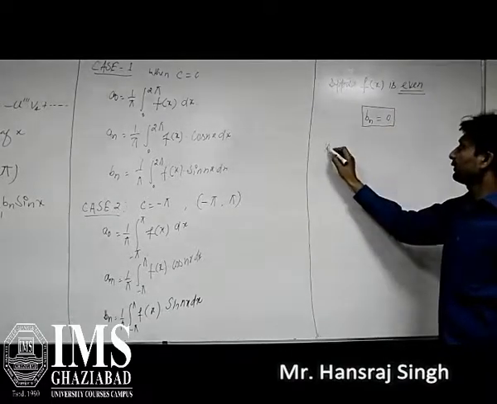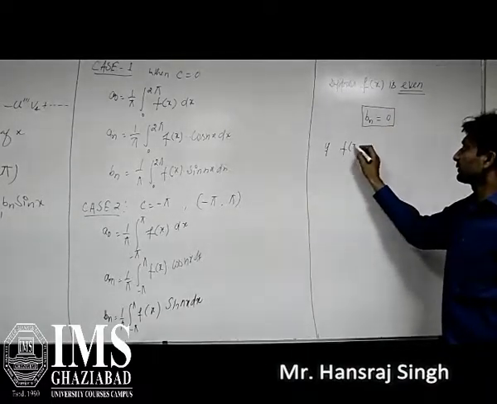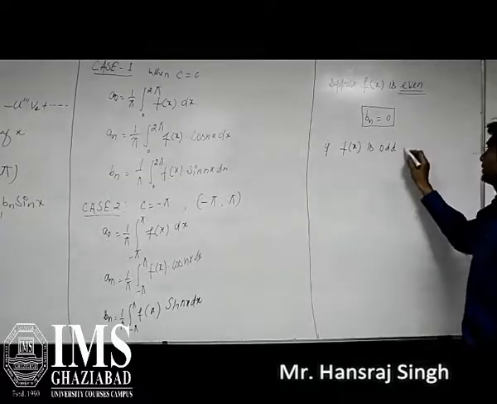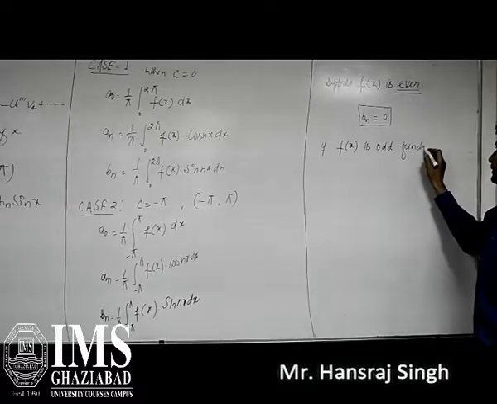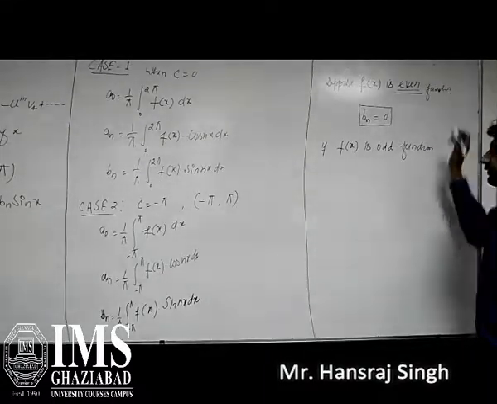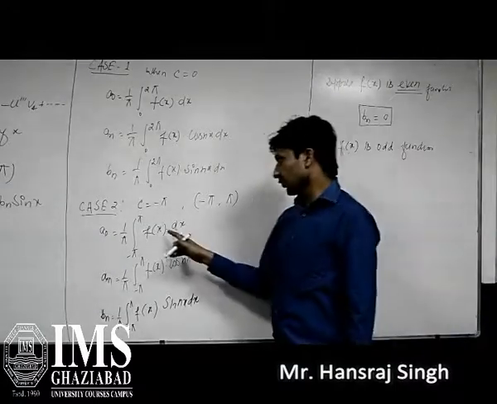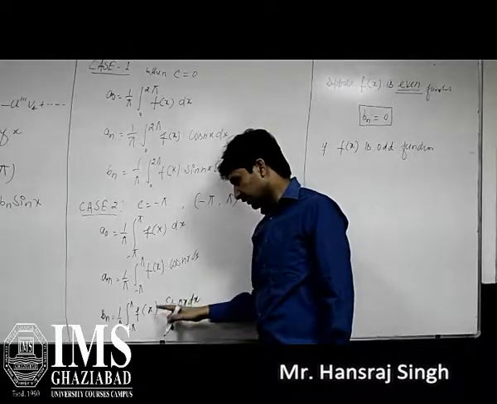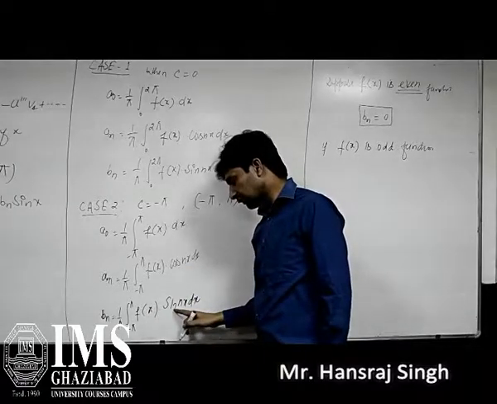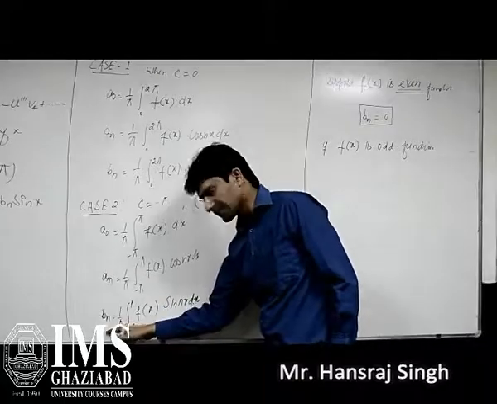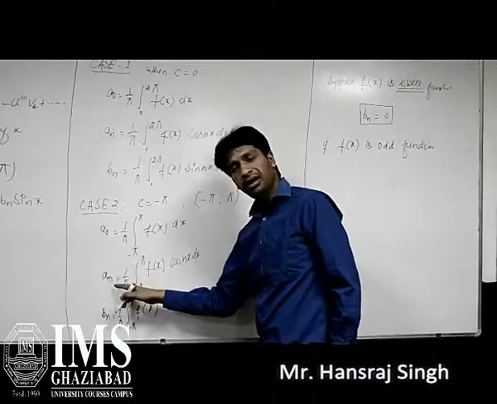And next, if f(x) is an odd function, then by the definite integration property, odd into even is odd, so a naught and a n are 0. But odd into odd is even, so in this case b n exists, but a naught and a n are 0.